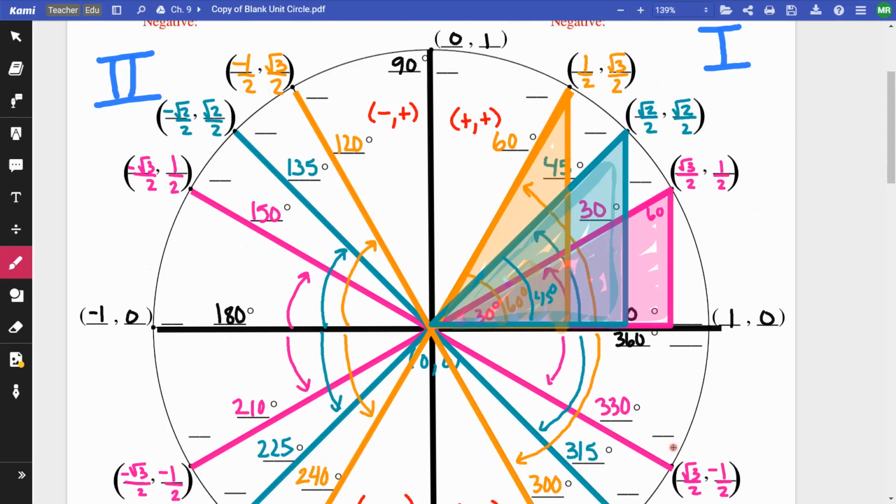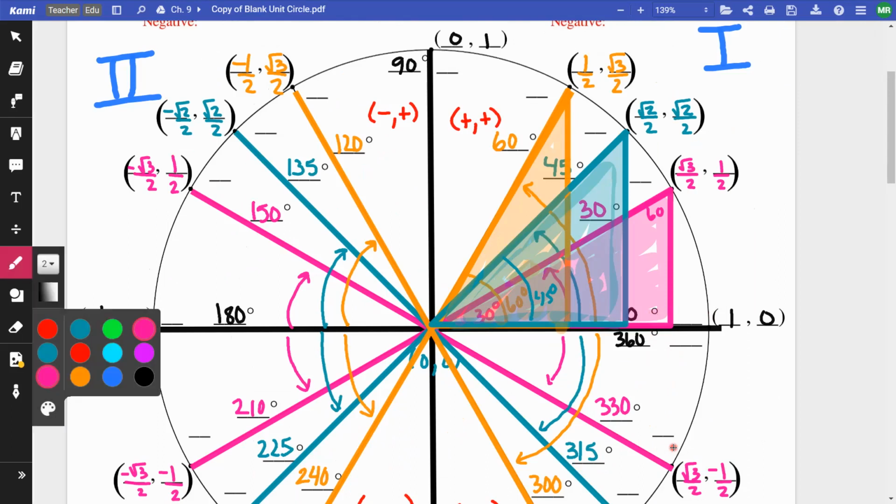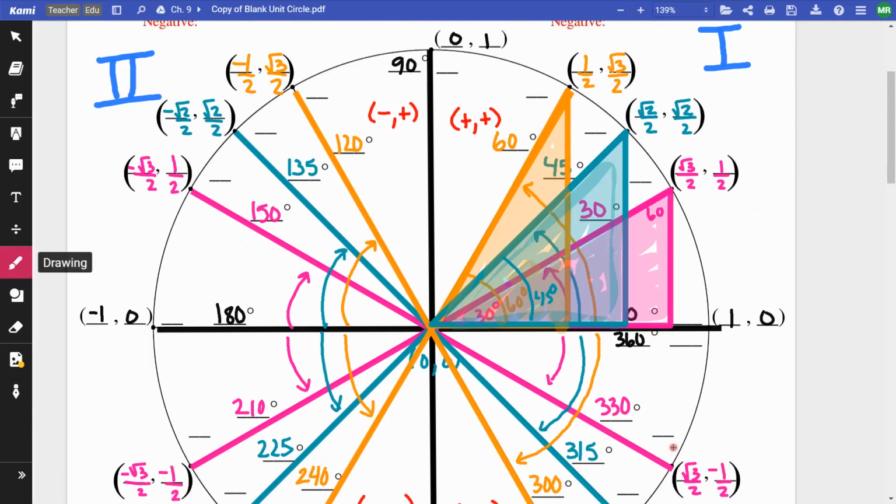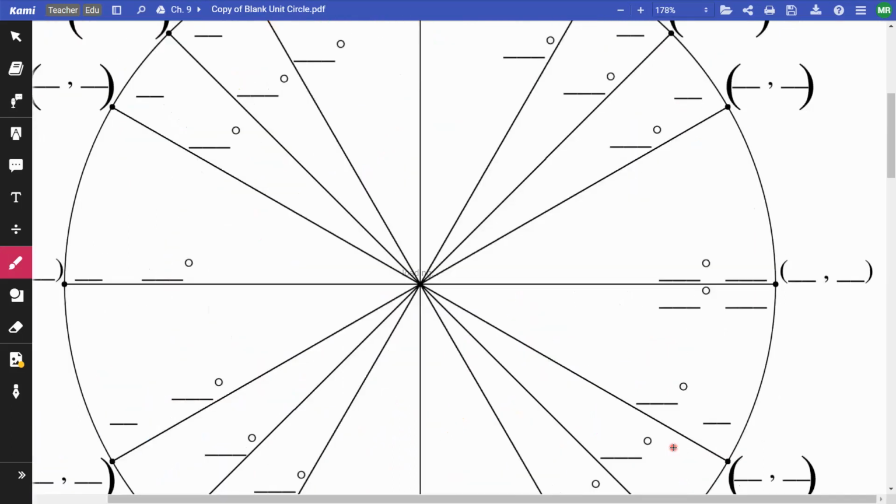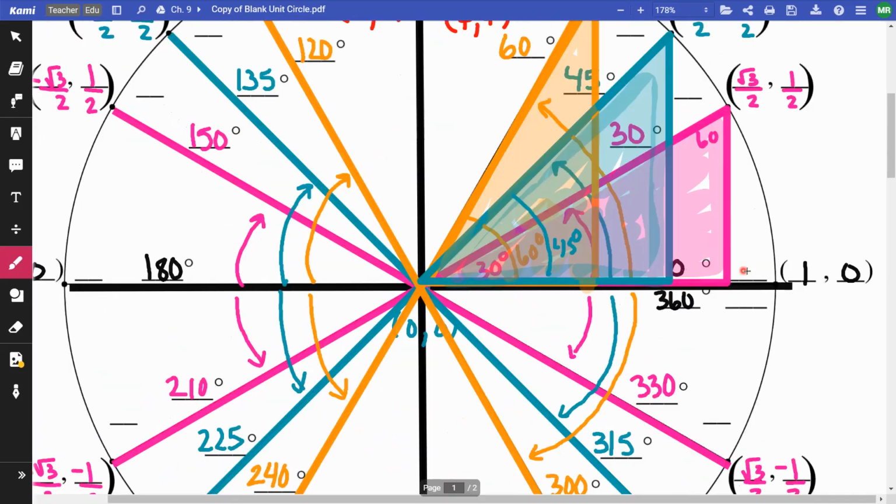So I'm going to start off with the same color I did for 360, 90, 180. Okay, my 0 degrees right here is going to be 0 radians, 0 degrees and 0 radians.